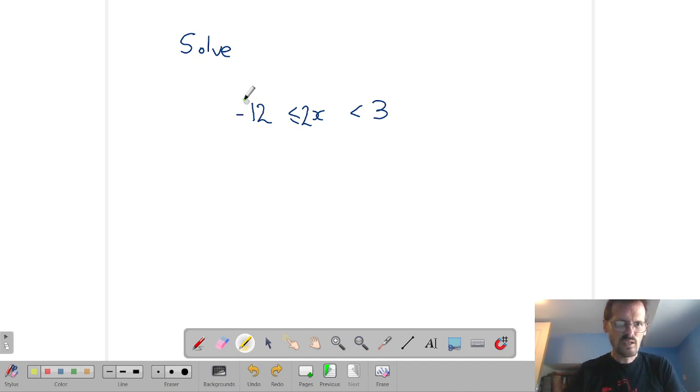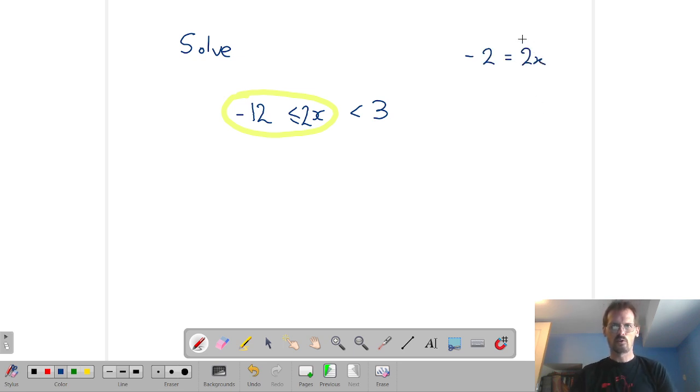So if you imagine solving this one, you're thinking about the equivalent equation, which is minus 12 equals 2x, and all you would do is just divide by 2 because it's 2x. So we're going to do the same here, but we're going to do the same to both sides, both inequality signs, all 3 bits of this weird looking thing. So we're just going to divide everything by 2.